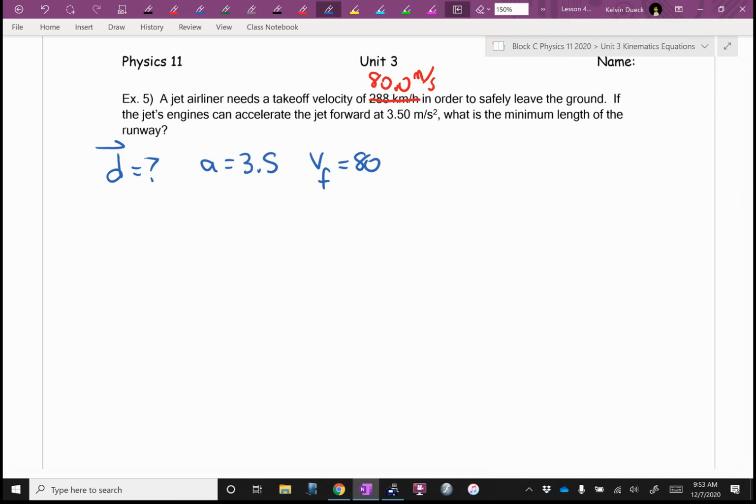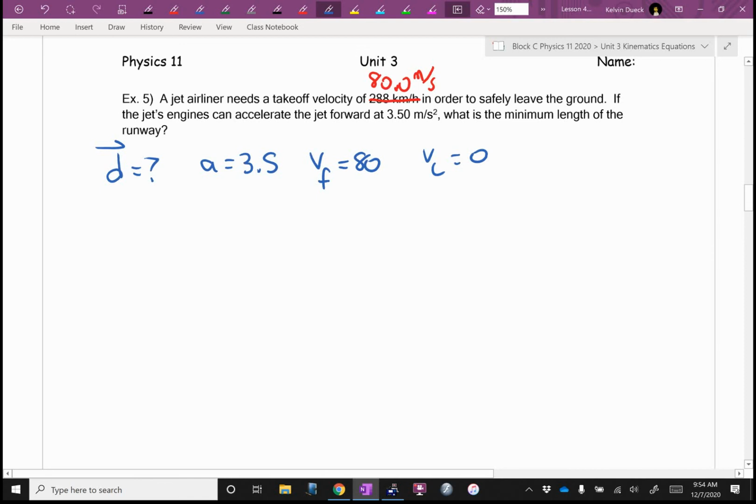Or can I? What else do I know just because I've been on a jet at least once in my life, or I've seen them take off? VI is 0. I've never seen a jet go careening around the corner onto the runway and just gun it without coming to a stop. So can we reasonably assume that?